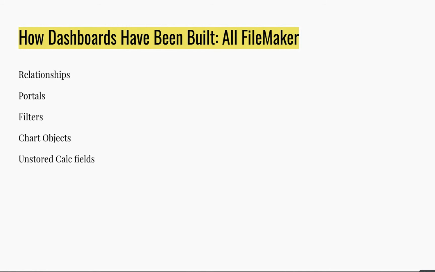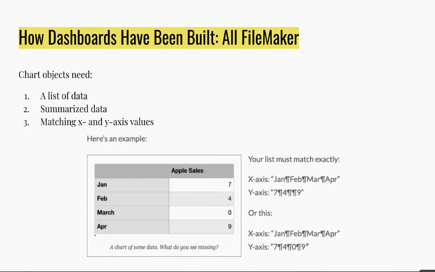And that's because in FileMaker, chart objects need a list of data or summarized data. They need matching X and Y values. And that can be tough to get to in FileMaker. So just as a quick reminder, we just need a list. We present to the chart object a list, and we let it chart that idea.